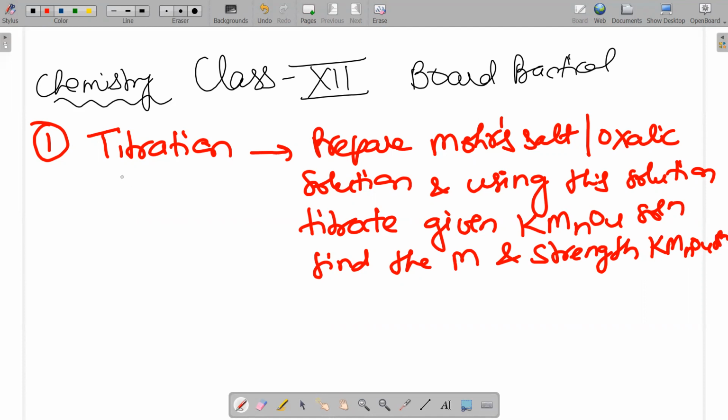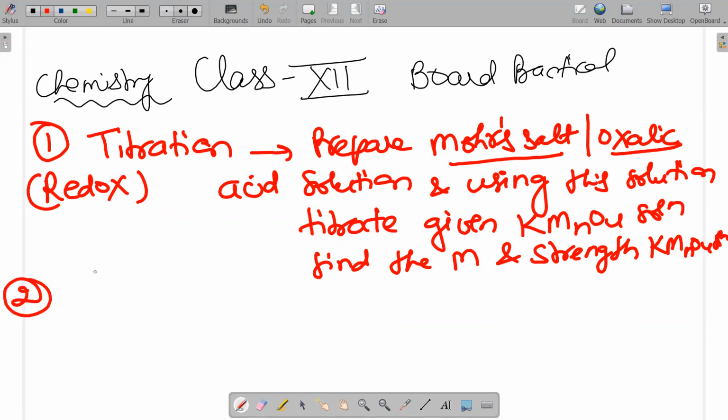So the first experiment is titration, which every child has to do, and they will provide either Mohr salt or oxalic acid solution. So they have to prepare it and then titrate the given KMnO4. Means in class 12 board practical, you will be doing redox titration.